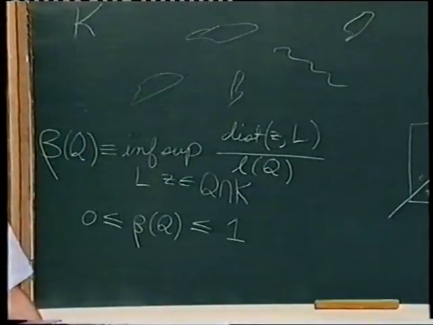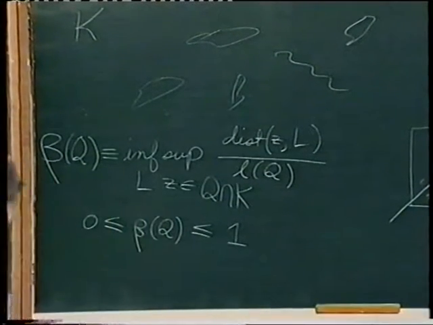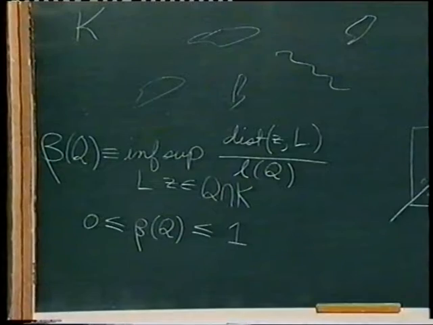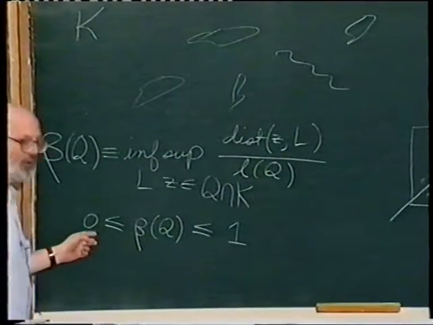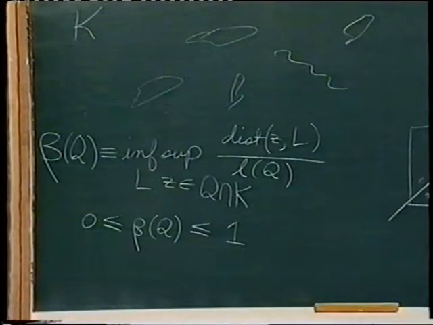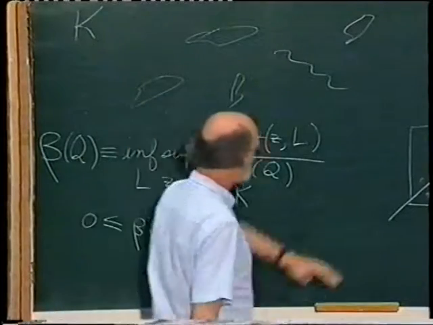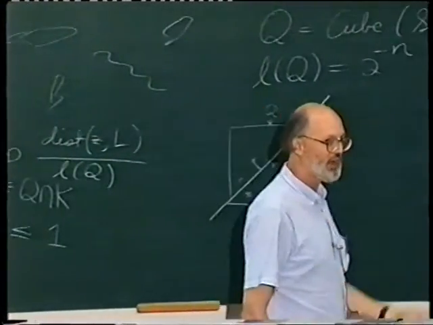Let me write 1, because we set 1/2 equal to 1. If you get 0 here, either there's no set at all, or your set lies in a straight line. And if you get 1, that could happen if you had an extremely dispersed set.